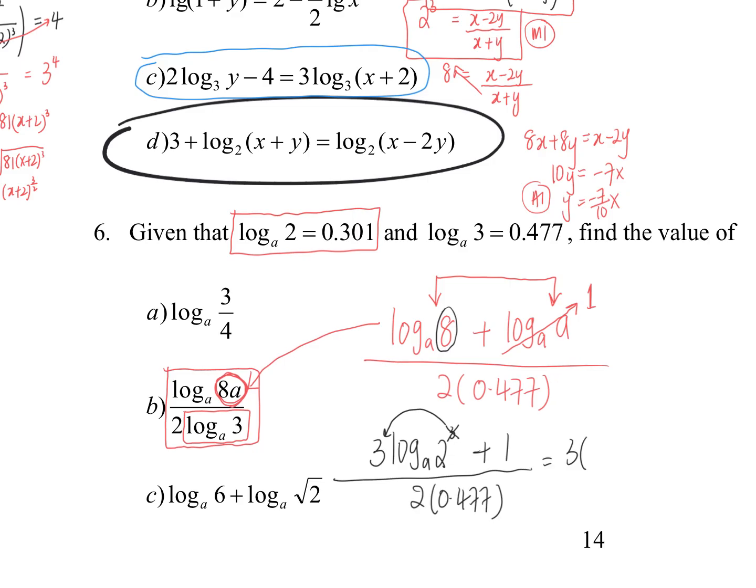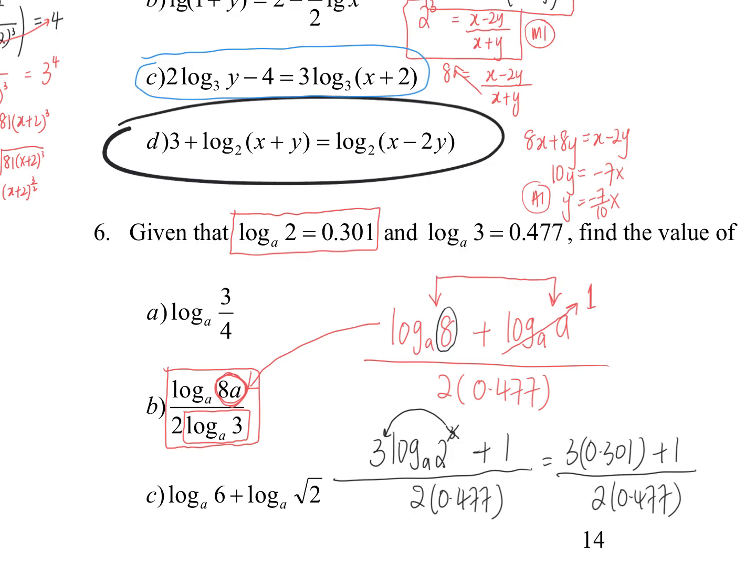Eventually, I just have to evaluate this value. So this is 3 times 0.301, plus 1, then 0.477. Just press the whole thing on the calculator, then that's how you get the answer. So it's not so much the value of the answer, but more the method that you use to do the question.